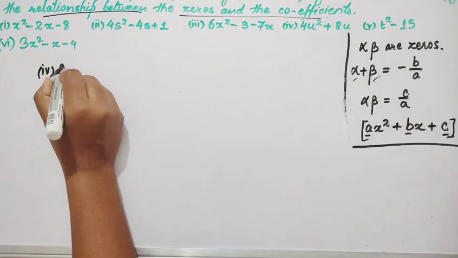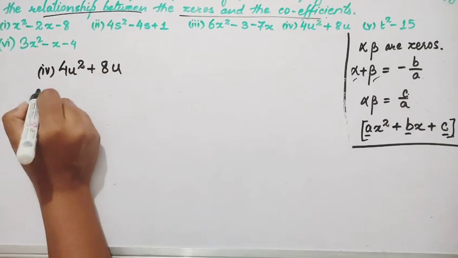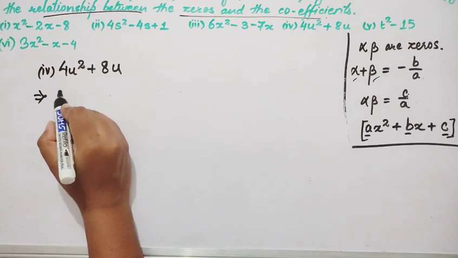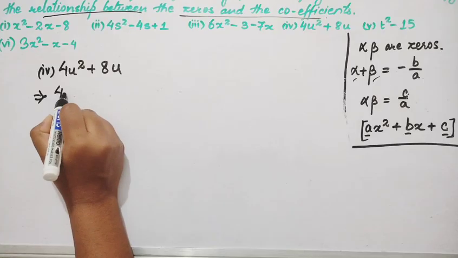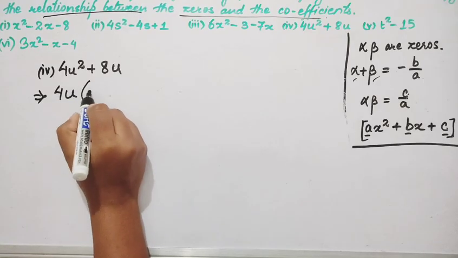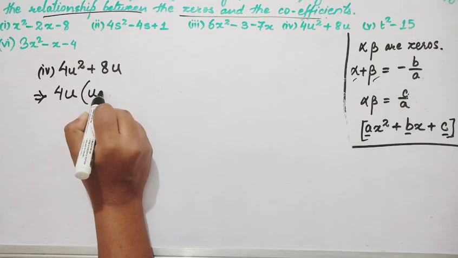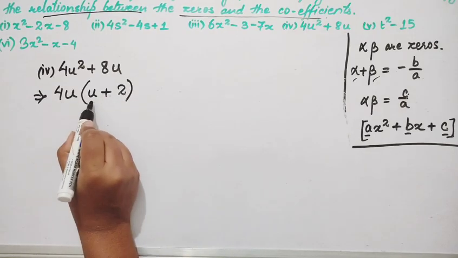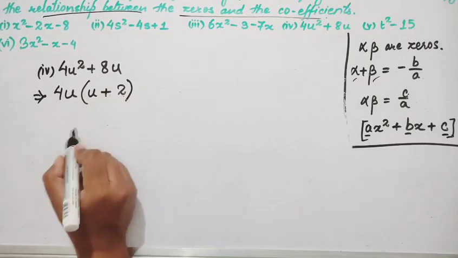Next we have the fourth, that is 4u square plus 8u. Now over here, we can do the same way. We will take the common. So here we can take not only 4 but also u as the common, as we have u in both the elements, and we get u plus 2. That is 4u into u is 4u square, and 4u into 2 is 8u.